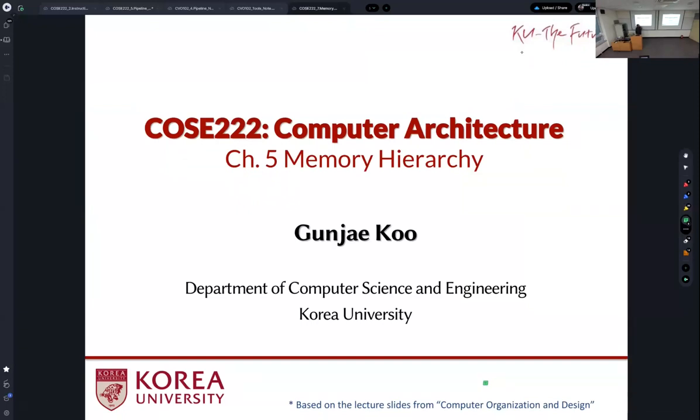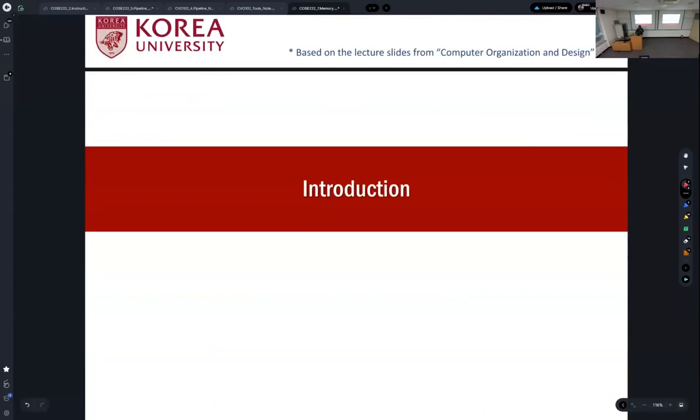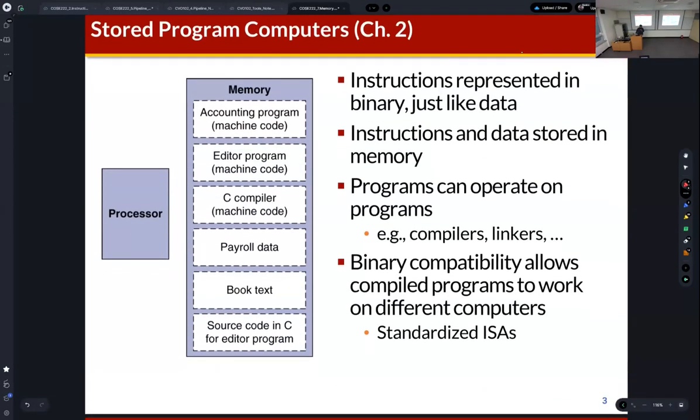Memory systems. Also this is a very important topic in processor architecture: the memory hierarchy. Introduction. The memory is a very critical part in computer systems, right? Because our data is in the memory system, and we also store instructions in the memory.